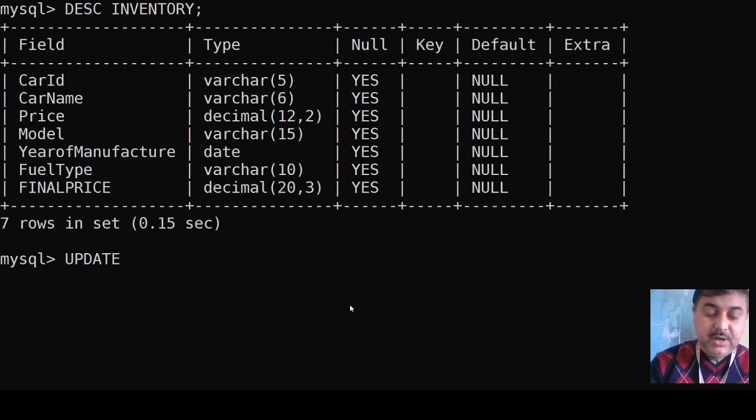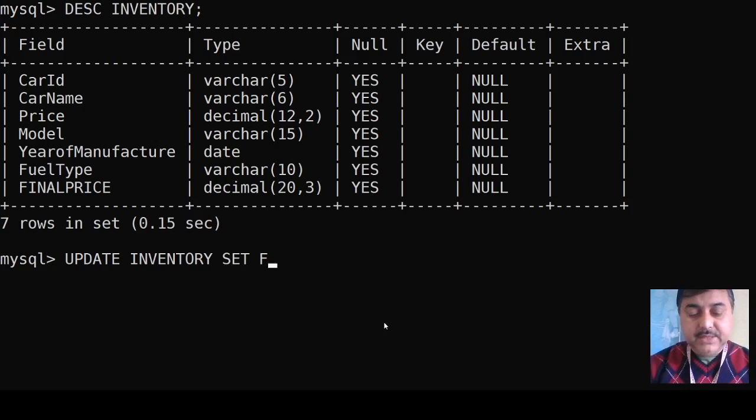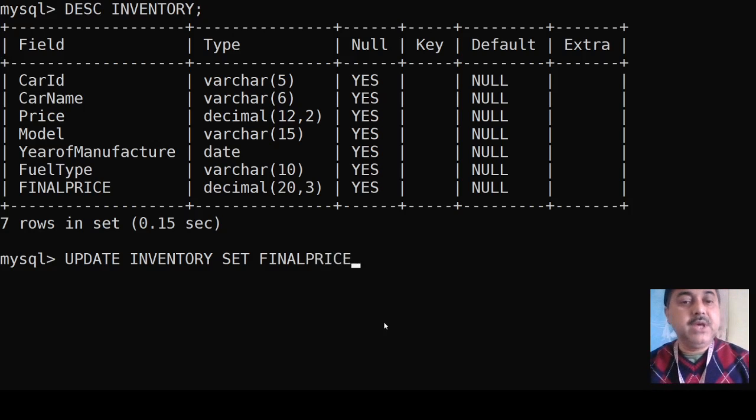The table name is inventory. Update inventory. After updating the inventory, how to update? We have to set something there. So set. Set what? Final price. Set final price.